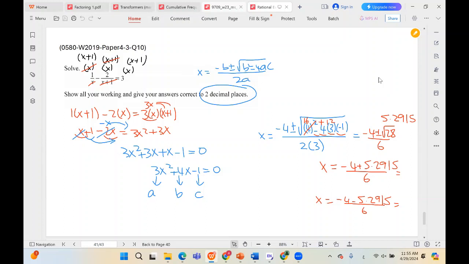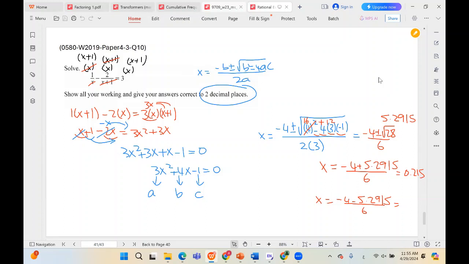Negative 4 plus 5.2915 divided by 6 is 0.21525. We don't care about the rest. We're going to approximate to 2 decimals anyway.